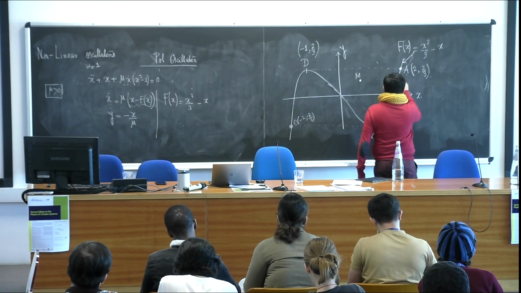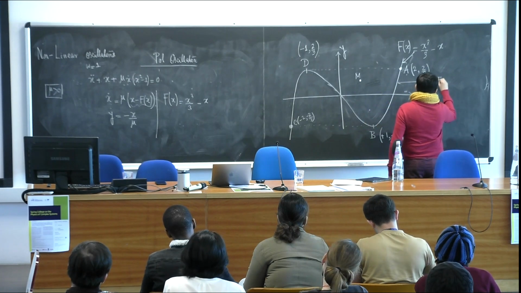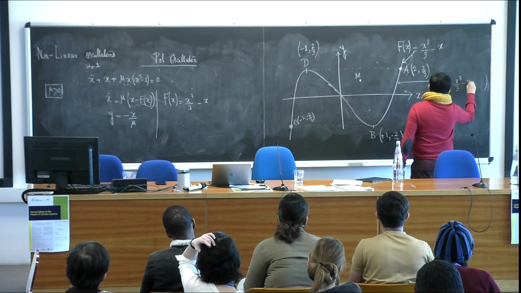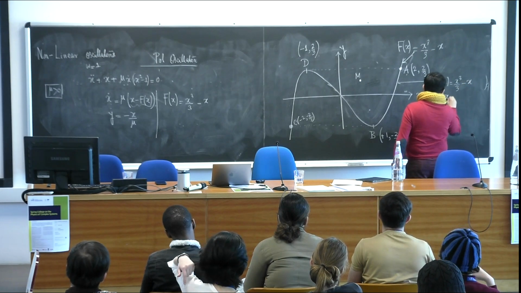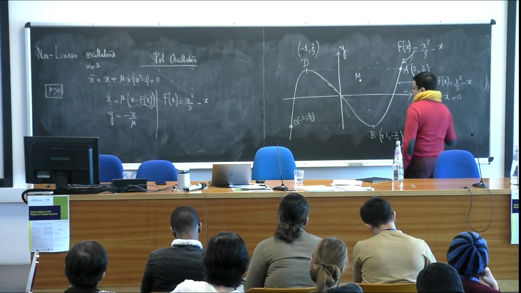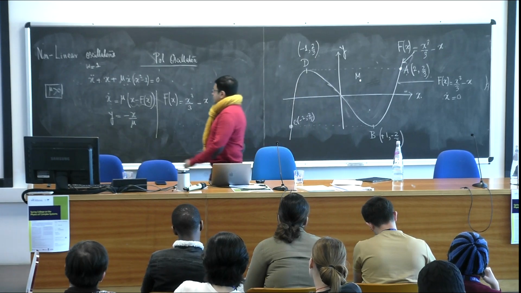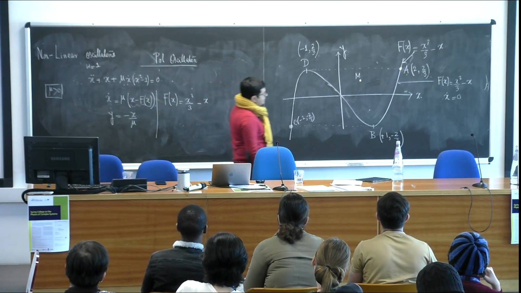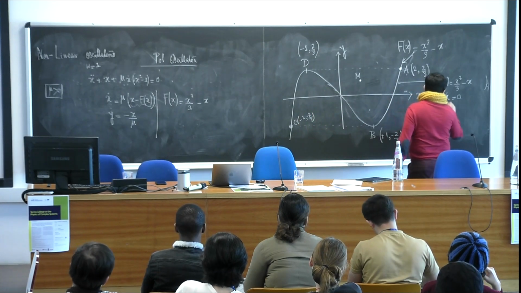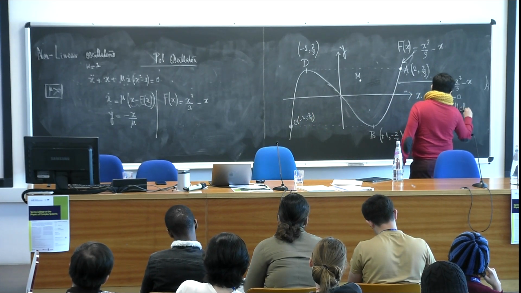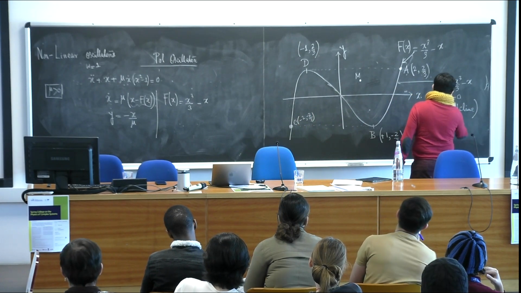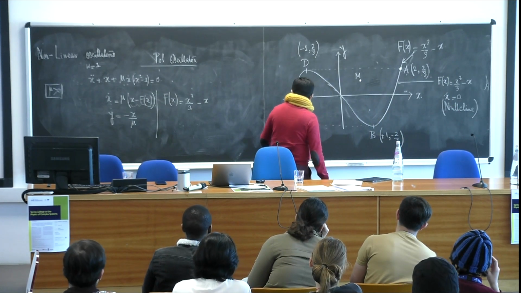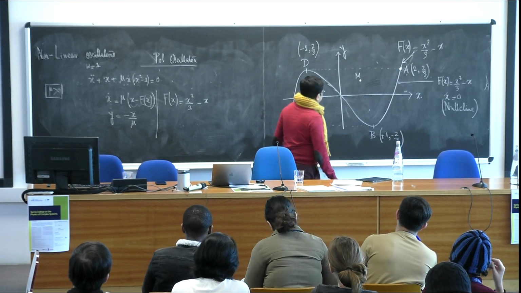By the way, this line, f(x), is x cubed by 3 minus x, and on this line y dot is equal to 0. Why? Because on that line y is equal to f(x), so therefore x dot is equal to 0. So this line has a name, it is called the null line. But again, you don't have to remember, just in case you see it in the literature, in some paper that talks about it.